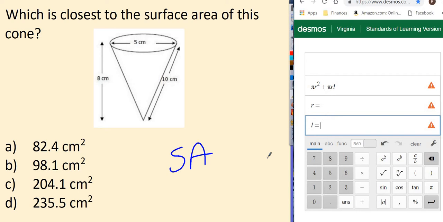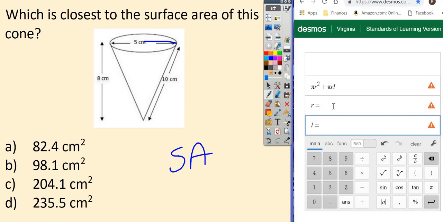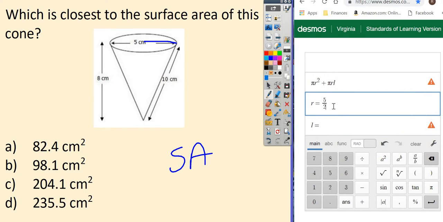So if you look very carefully on your picture, on your formula sheet, you're going to see that your radius is from the center out. So over here under radius, I'm going to put in the 5, but then I'm going to divide it by 2, because 5 is my diameter, excuse me. When I divide it by 2, it gives me a 2.5 radius, which is exactly what I need.